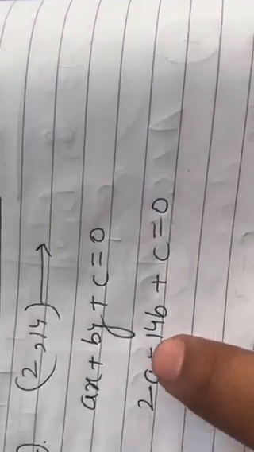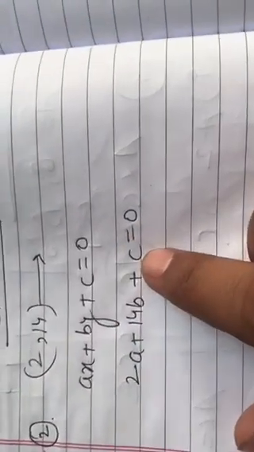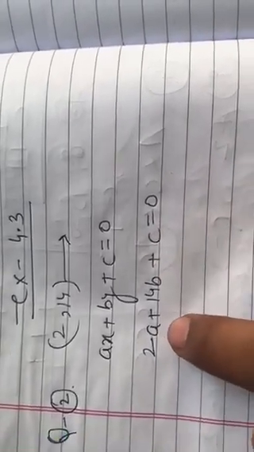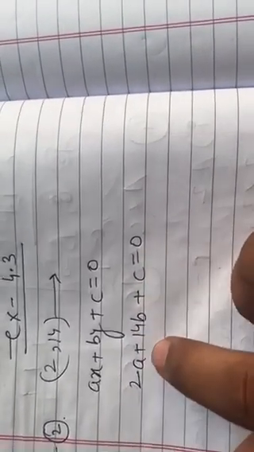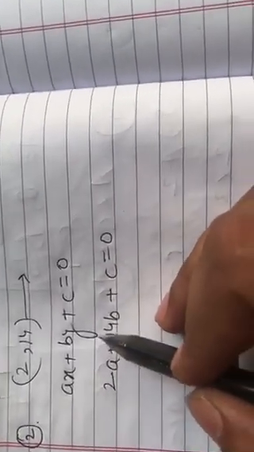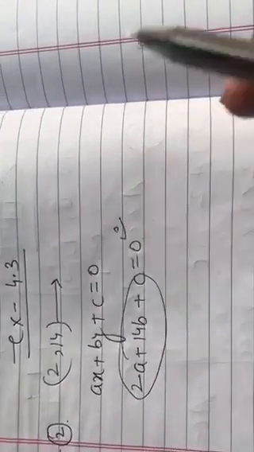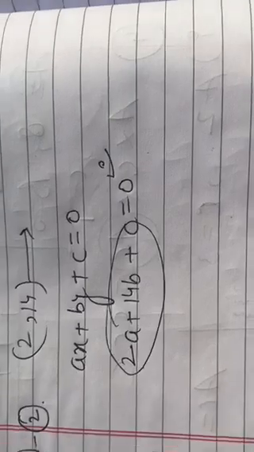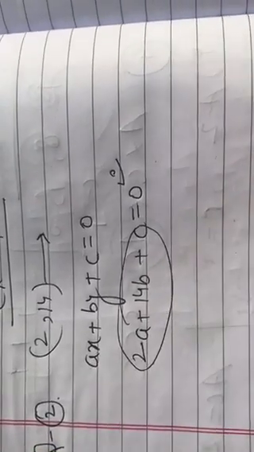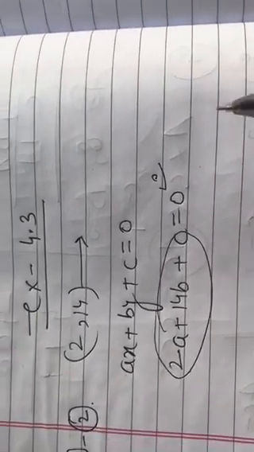Now we have three variables a, b and c, and we have to choose the values of a, b, c so that the left hand side is equal to the right hand side, that means 0. So let us choose.